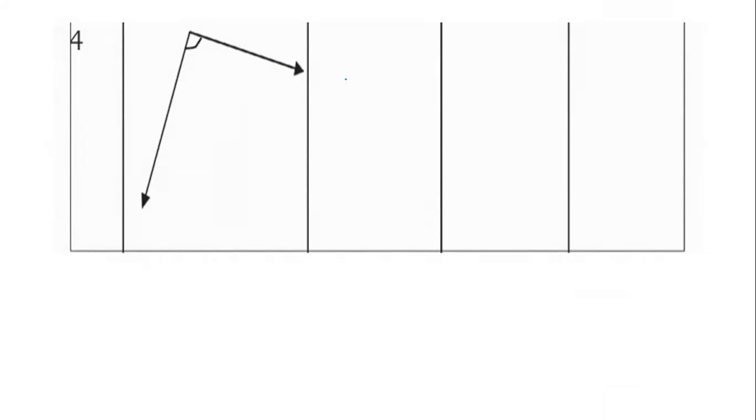Next, estimated measure is 100 degrees. Measure the actual measure. This is an obtuse angle.